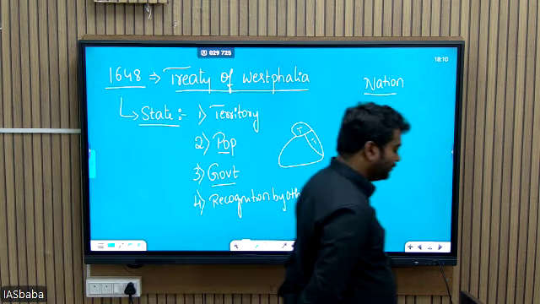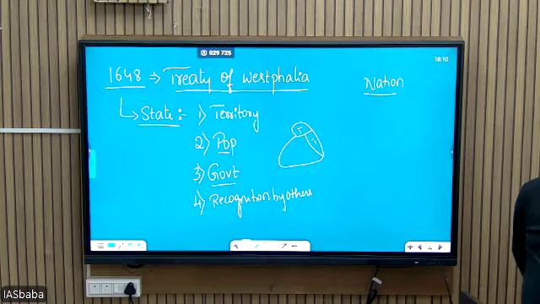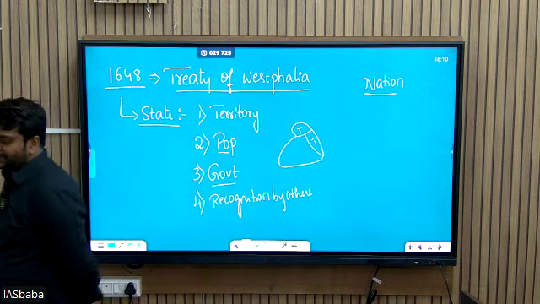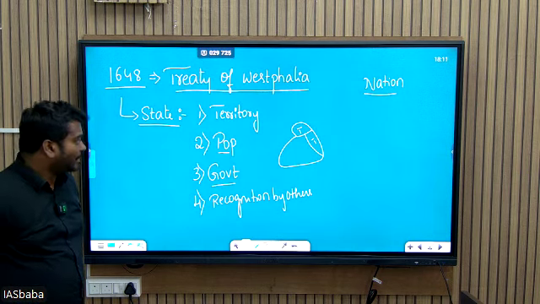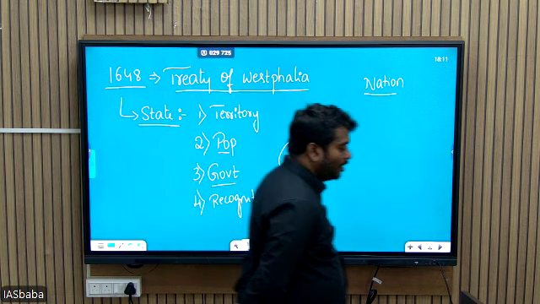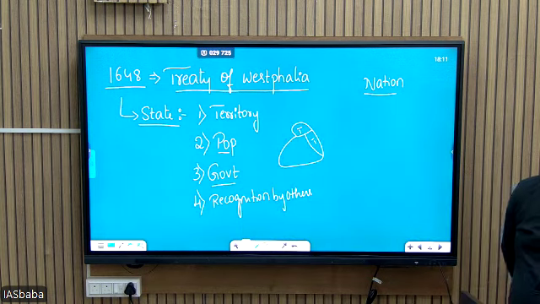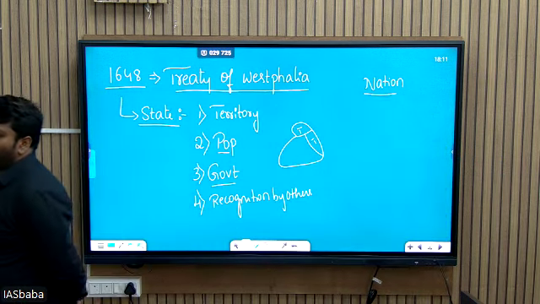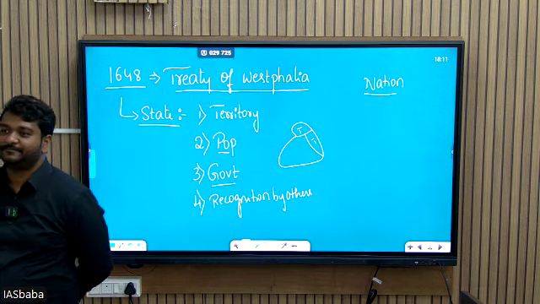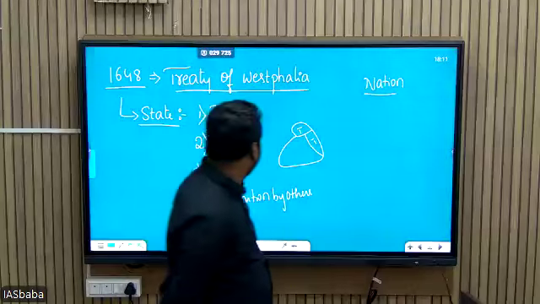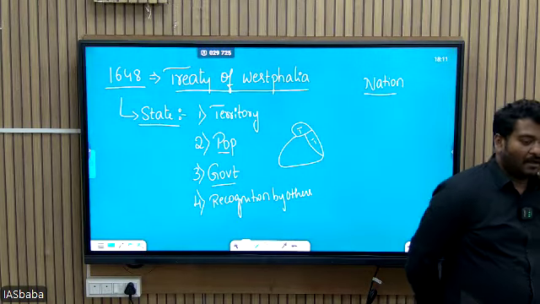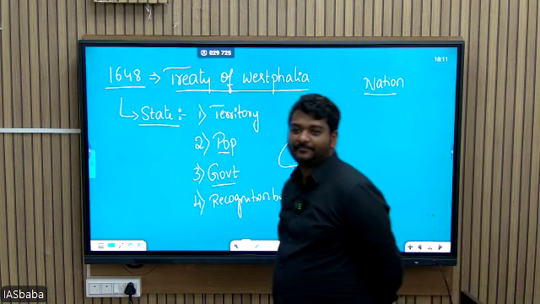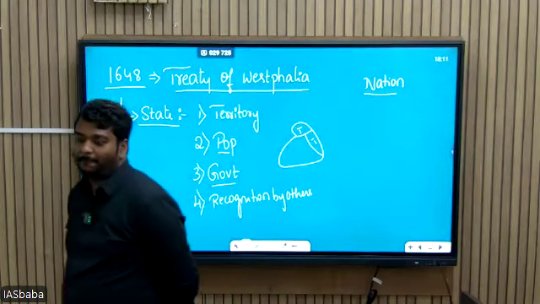Example, Palestine is not a state because it doesn't have a proper demarcated territory, and also recognition by others.